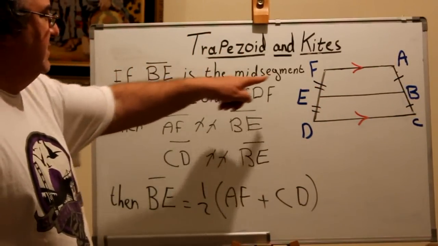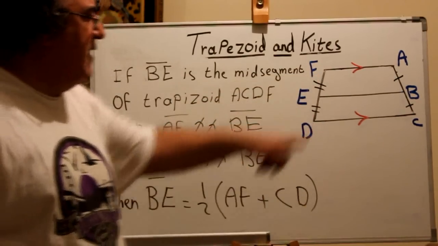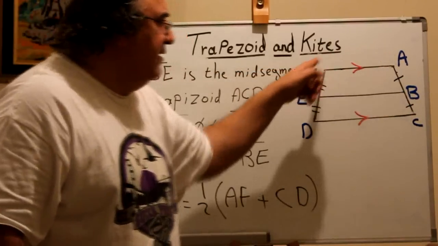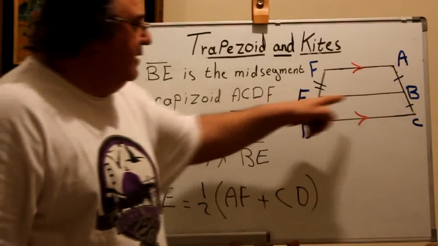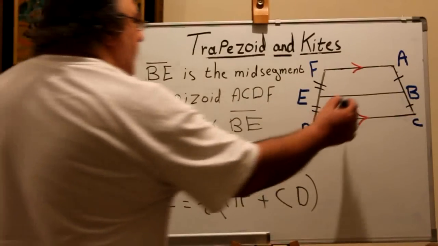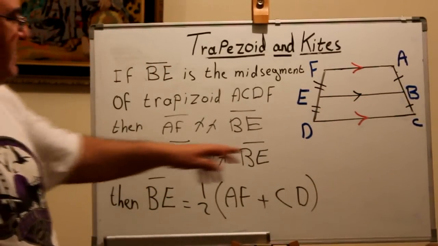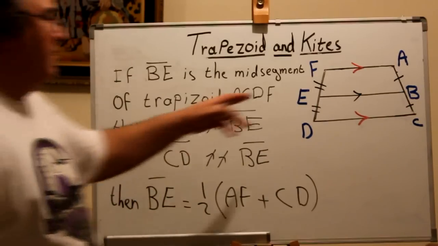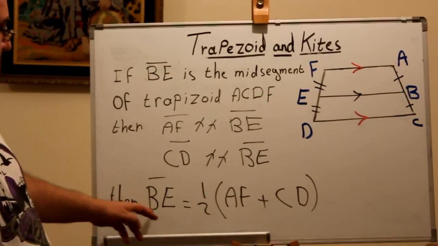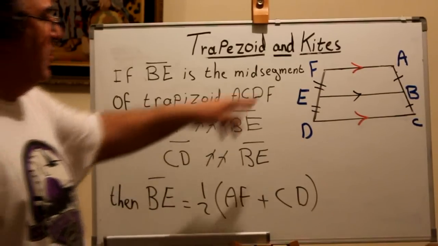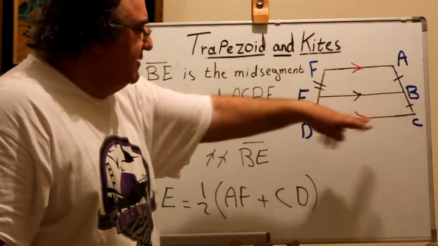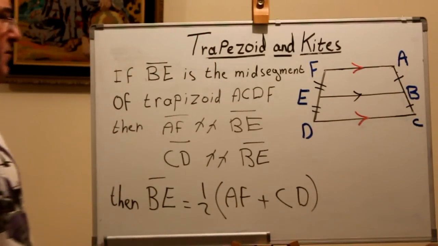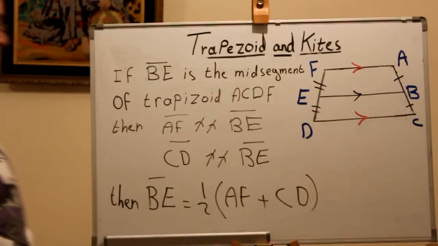So, if this is the mid-segment, E is the middle point of FD, and the middle point of AC is B, then AF is parallel to BE, and CD will also be parallel to BE. Then the segment EB will be equal to half of AF plus CD. So if we add these bases, B1 plus B2, and divide by 2, we get the segment EB. I hope it's clear.